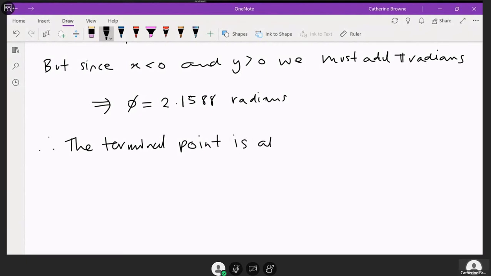So therefore, the terminal point is at rho, phi, and I didn't have to find z because in Cartesian and cylindrical coordinates, the z is the same.